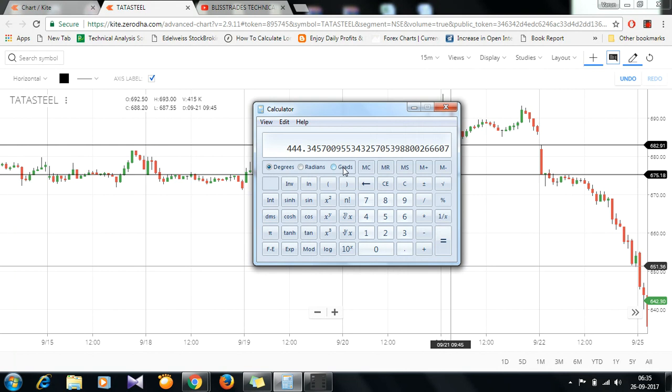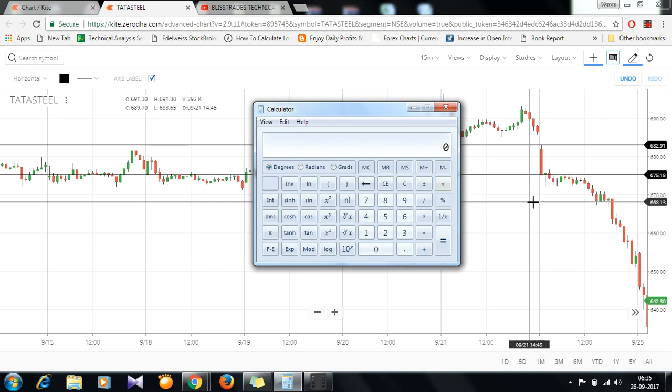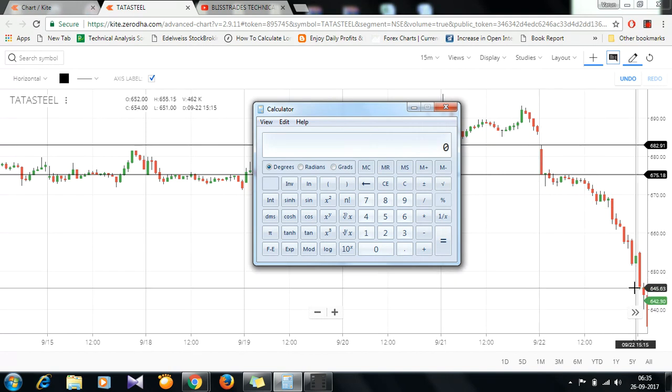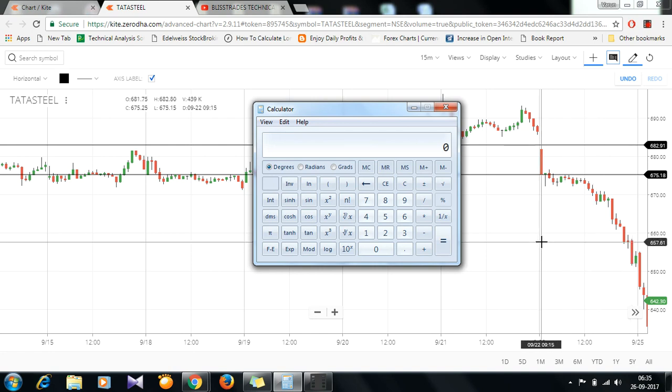The next thing is I use a method of daily compounding for intraday trading. For example, I have traded 222 shares of Tata Steel, and at 3 p.m. that day the close was at 651. Presume that I close my trade at 652, and the close for the 15-minute candle was 675.